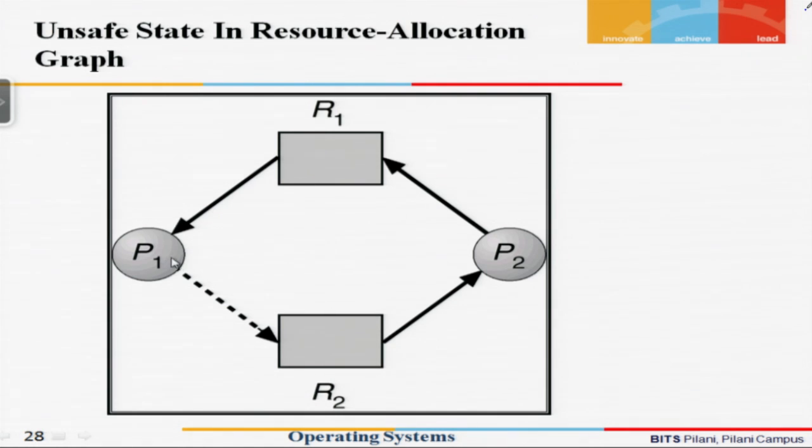So in this resource allocation graph, whenever a request comes, we try to see whether granting that resource will lead to a cycle. If the grant of the request would lead to a cycle, then we shall not convert the claim edge to a request, and therefore we can very easily avoid the deadlock.